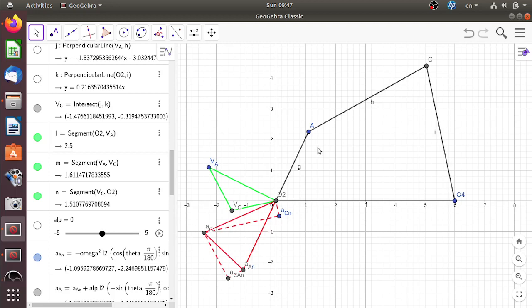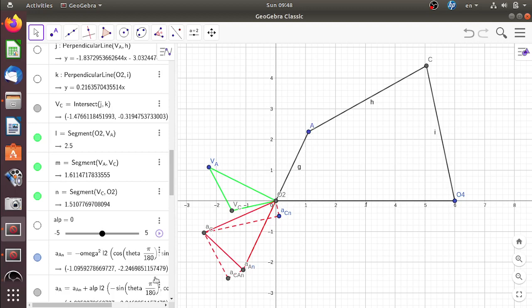The magnitude of the normal component is omega square into L2, and the direction will be from A to O2.